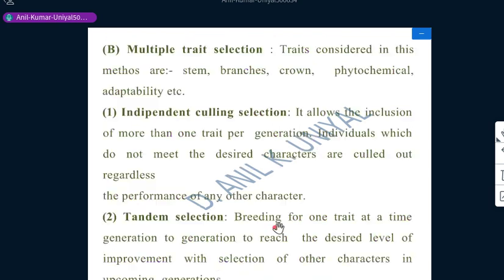Then we have the second category after single tree selection: multiple trait selection. The traits considered in this method are stem, branch, crown, phytochemical status, adaptability, etc. Sometimes two or three of these characters, or sometimes all of them, are considered at one time.